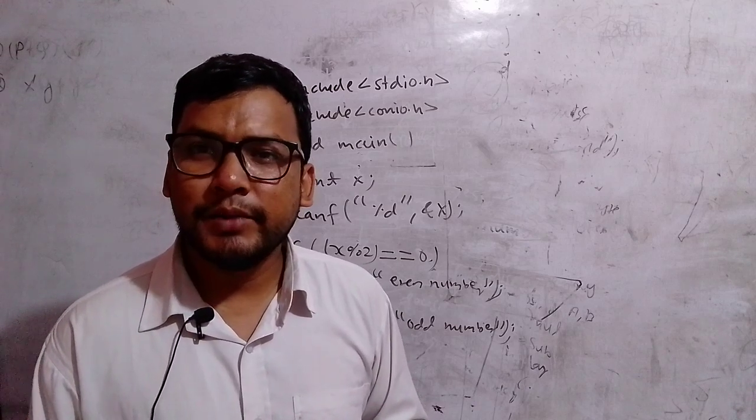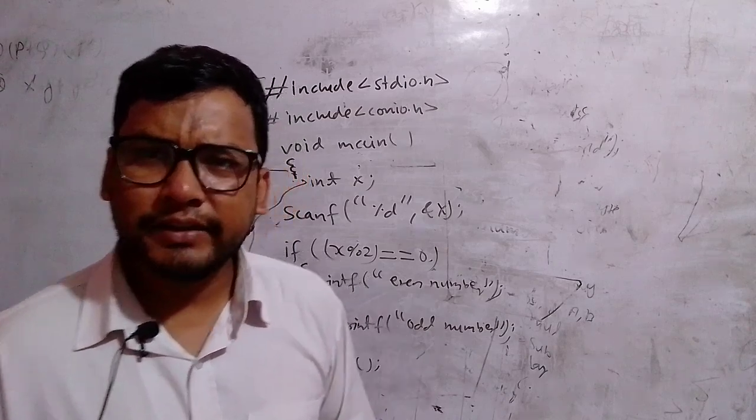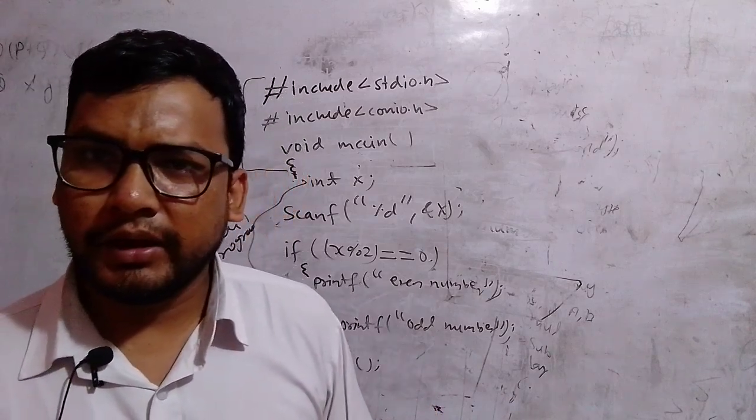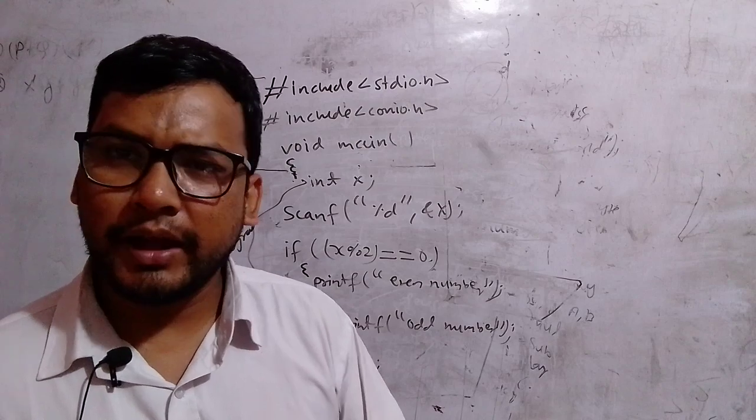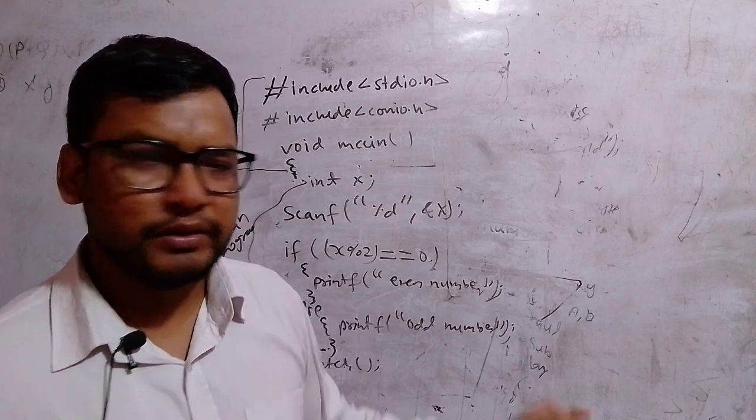Now scanf is an input function. Scanf is the input function in the C programming language that allows us to enter a value from the keyboard and assign it to our variable.